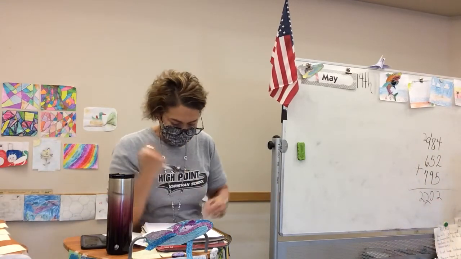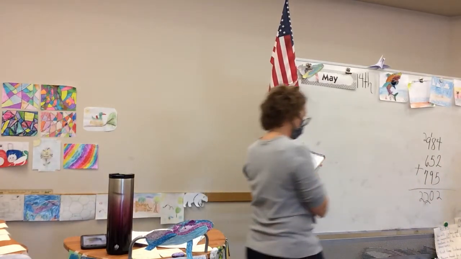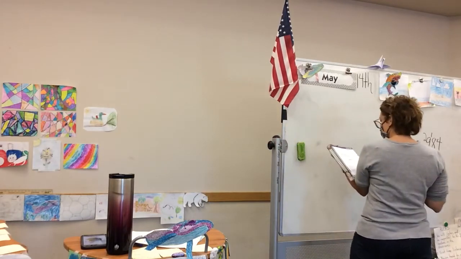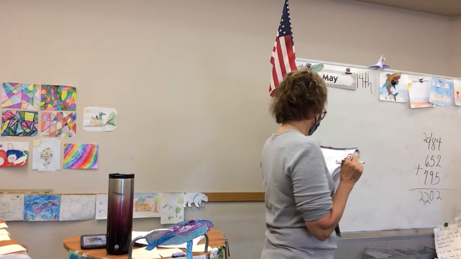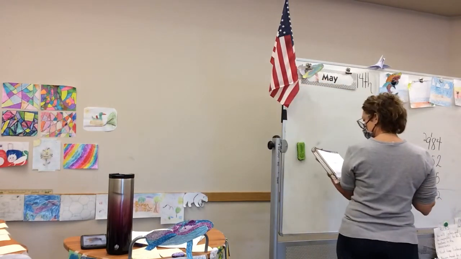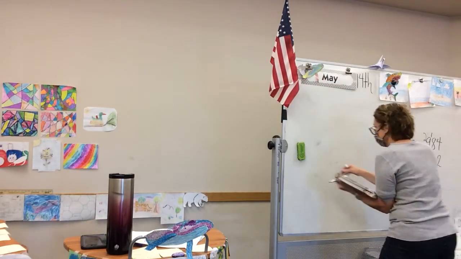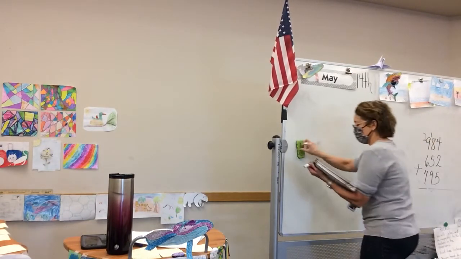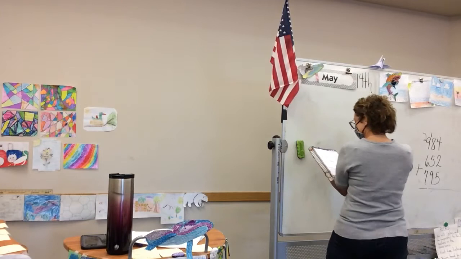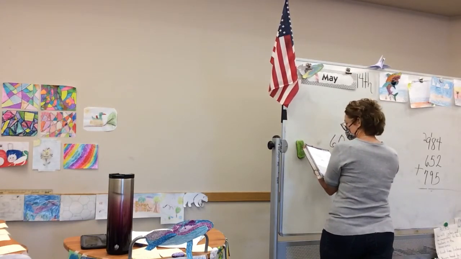All right, who's going to brave this? Could you please say what that number is, my dear? 2,202. That's correct. Well, actually, hold on, Missy. Try that again. Try it one more time.